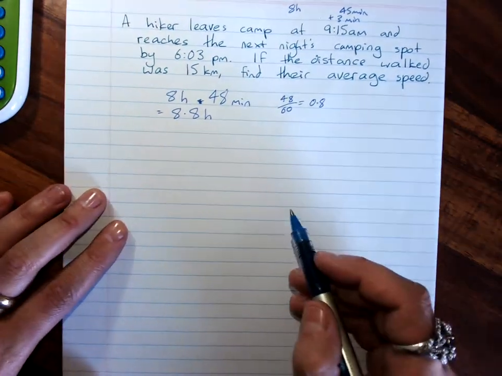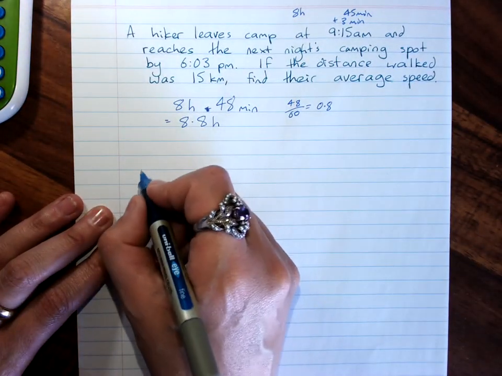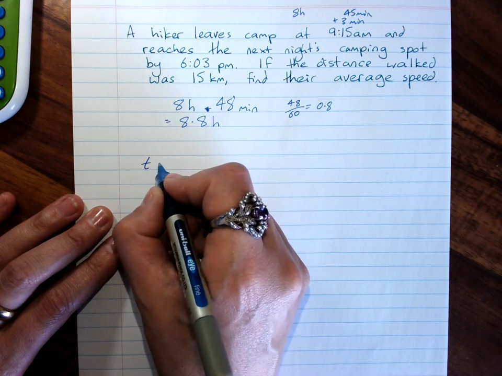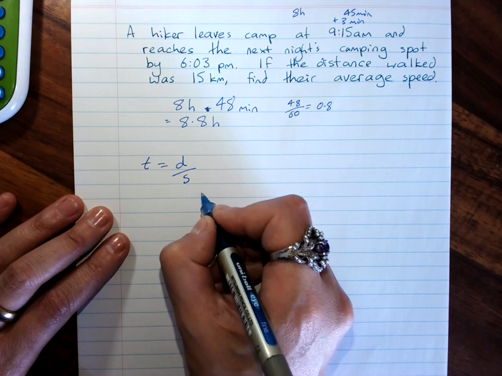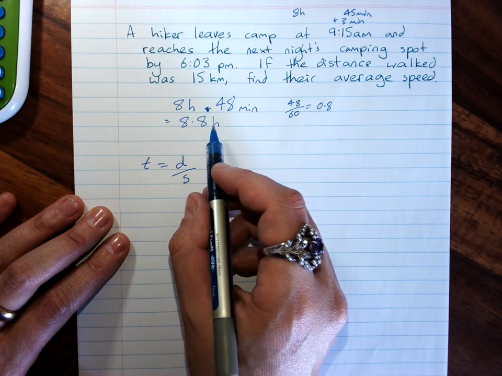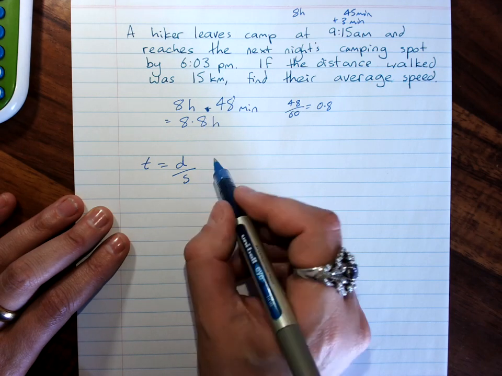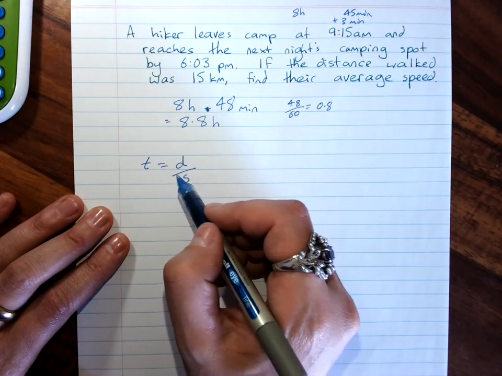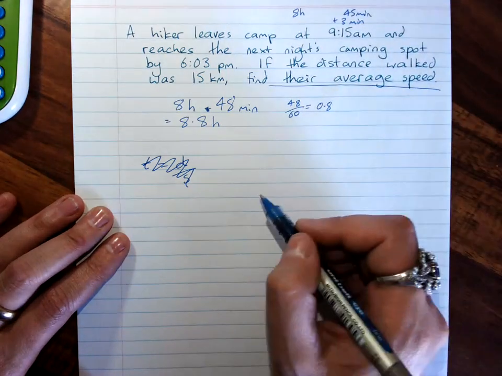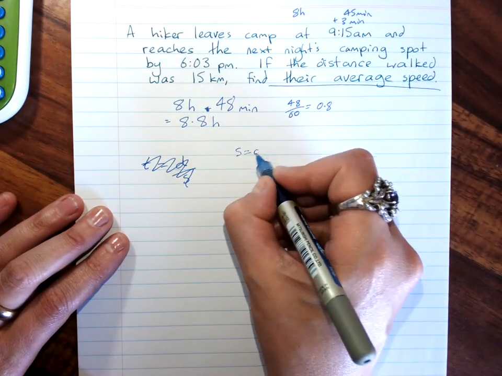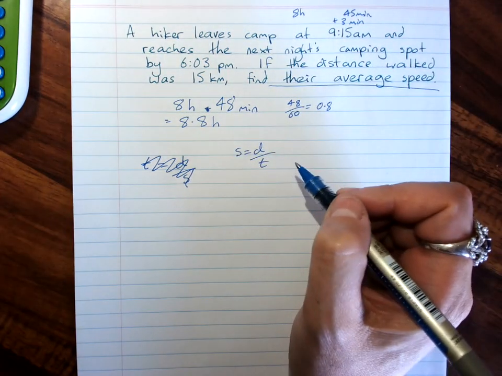Once you've worked out your time, then we use our formula. Time equals distance divided by speed. I'm not finding time. I'm finding their average speed. Speed is distance over time. I really should have had a question where you found time.